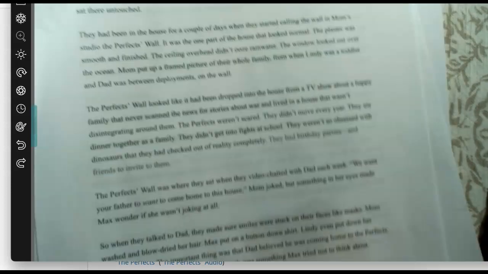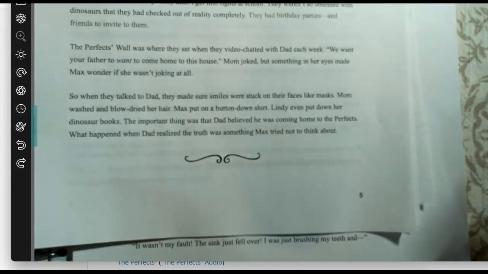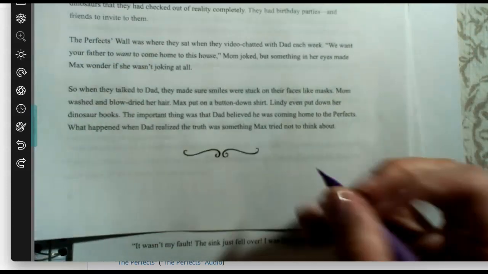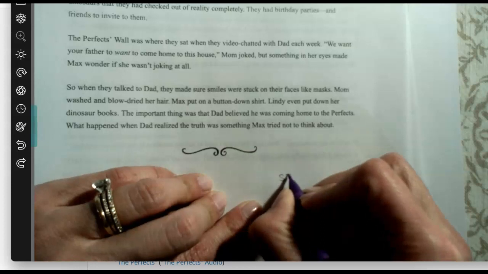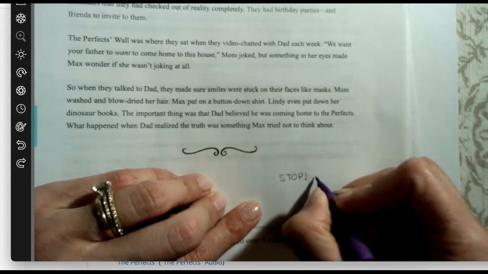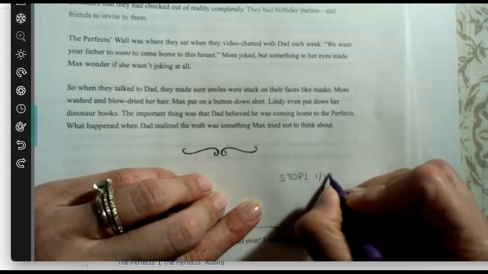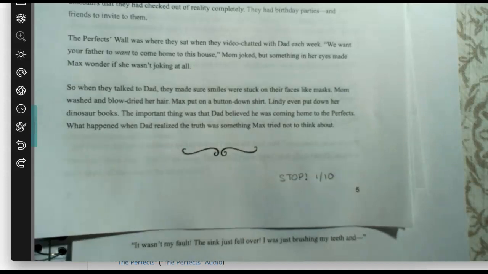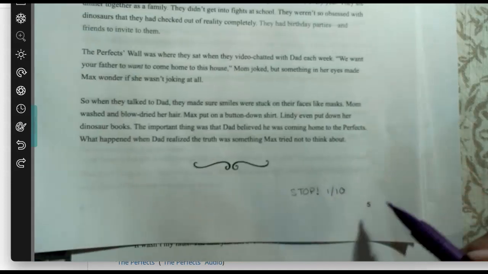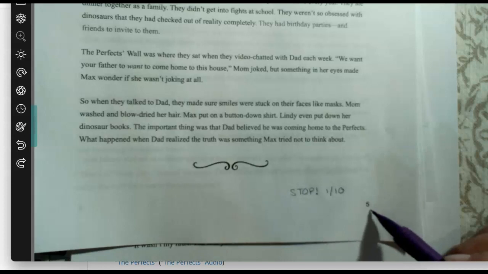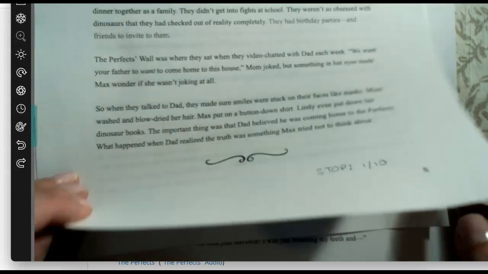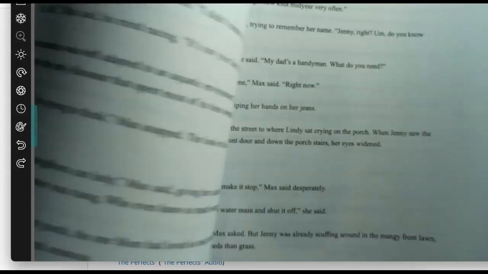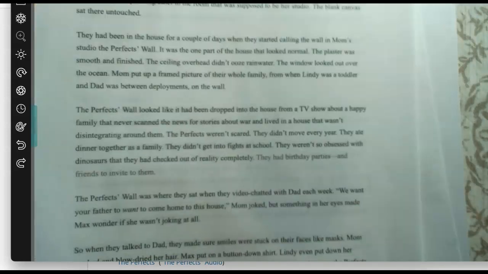You'll do pages 3, 4, and I would say you can annotate till the end of 5, so you can stop here. So this will be your homework, to finish annotating down to the end of page 5, okay? And then tomorrow, when you come to class, we will continue reading the story and finish annotating.